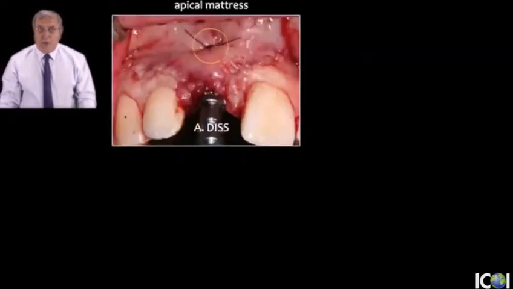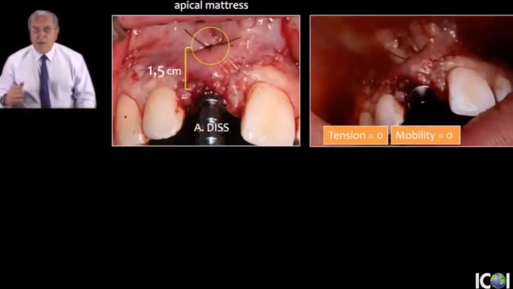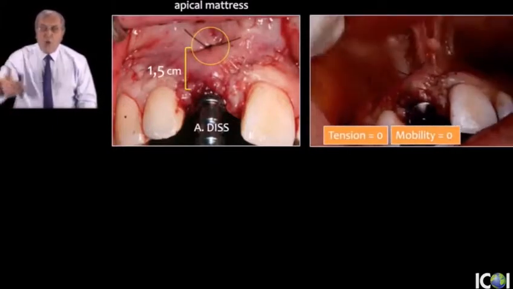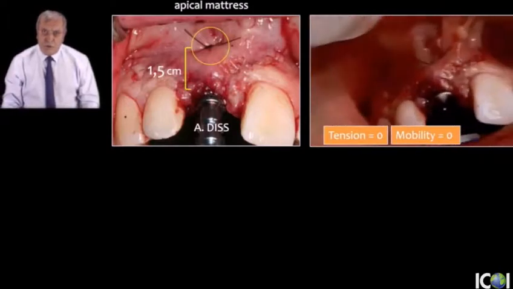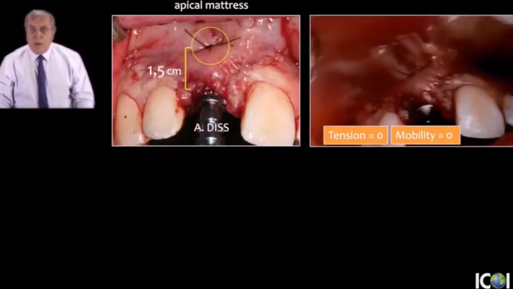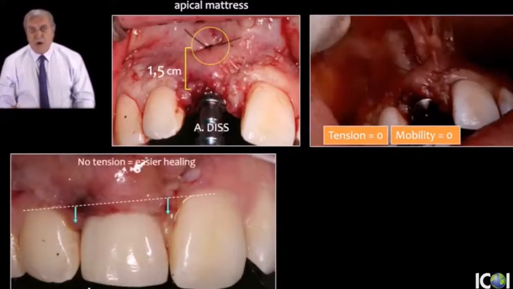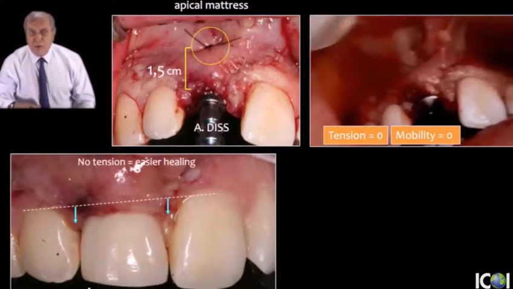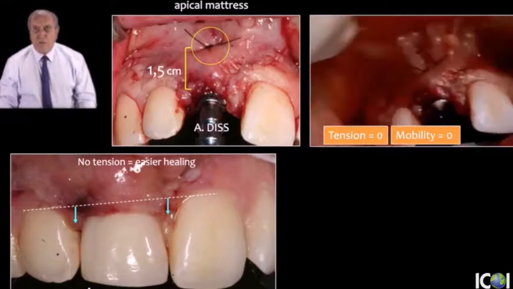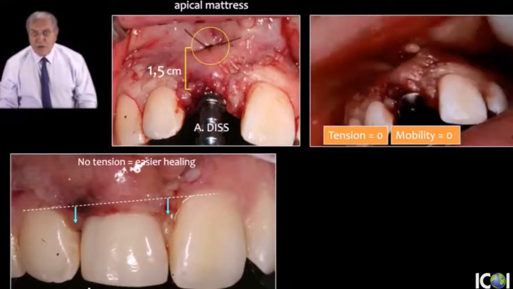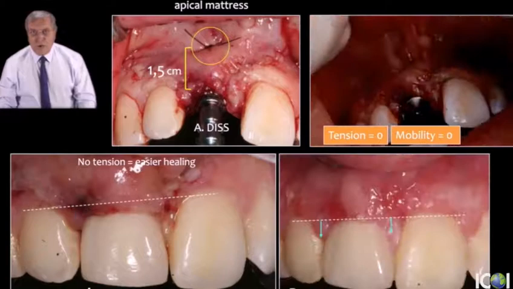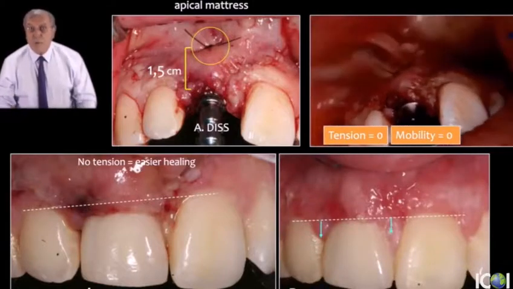The apical mattress will give you full stability, and then the tension is moved above the suture. And when you have no tension, the normal behavior of the gum is to move down. And this is what will happen. When you have no tension, you will see a very nice growth of the soft tissue, and it will be stable.